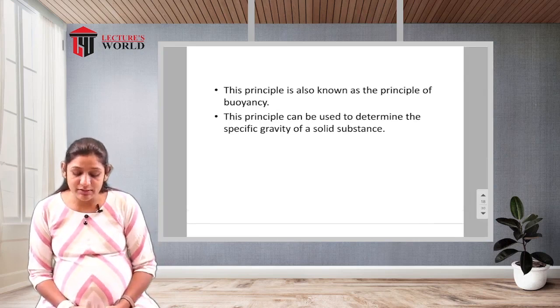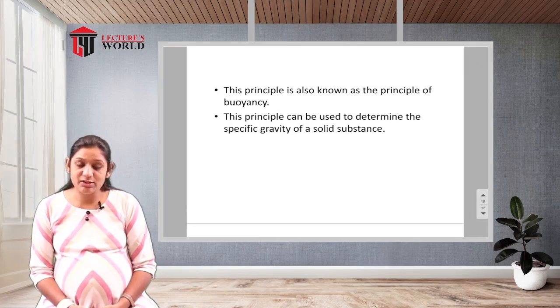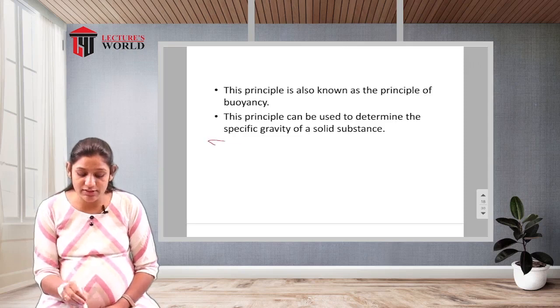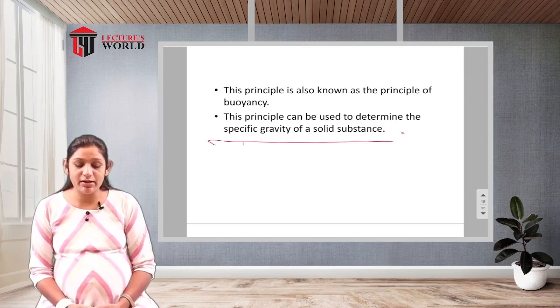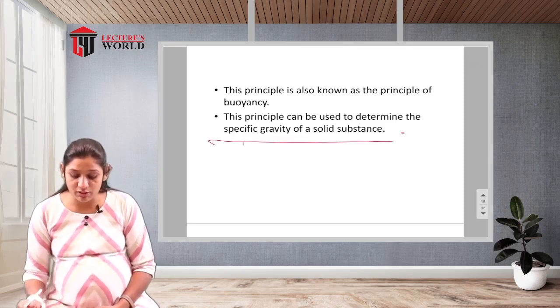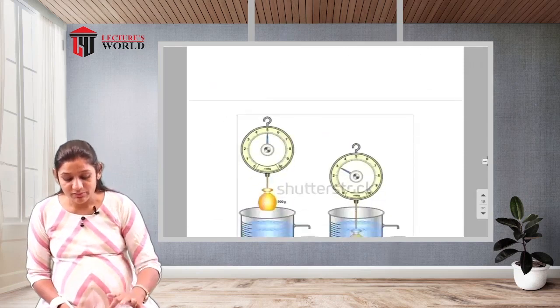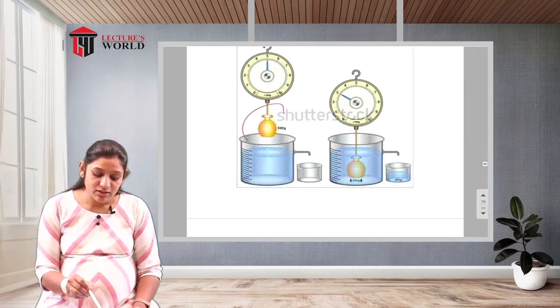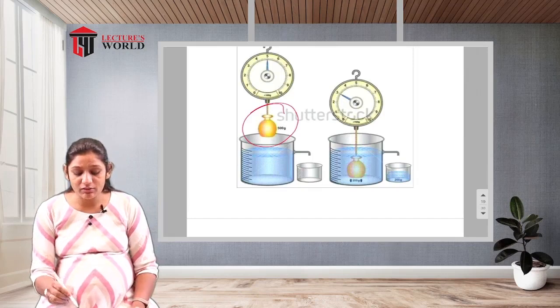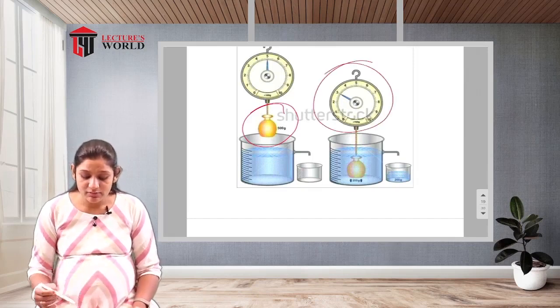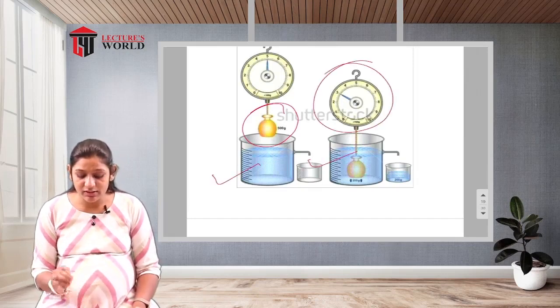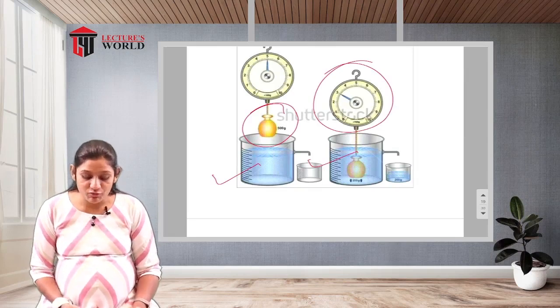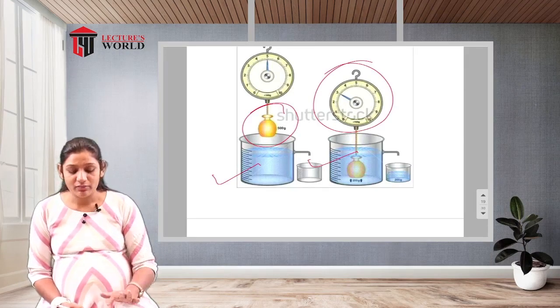This principle can be used to determine the specific gravity of a solid substance. Here, this is the weight we are taking down. This is the weight balance, where the weight differs in water and in air.